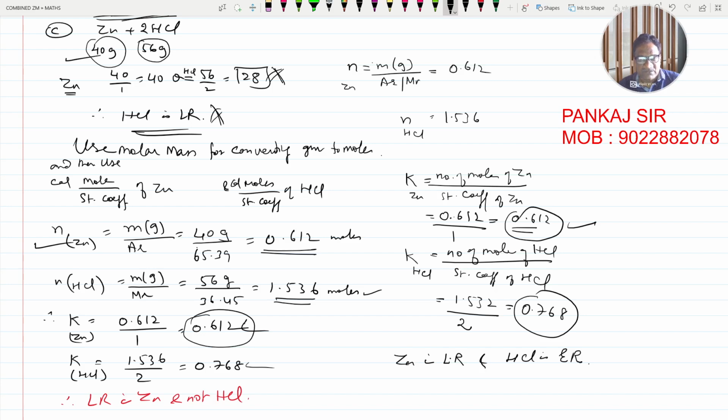So in all the three scenarios, you have seen that there's a different method, different approach of coming to that K factor value, which is known as the limiting reactant constant. And once you got the K value, then you can decide which one will be the limiting reactant and which will be excess reactant.